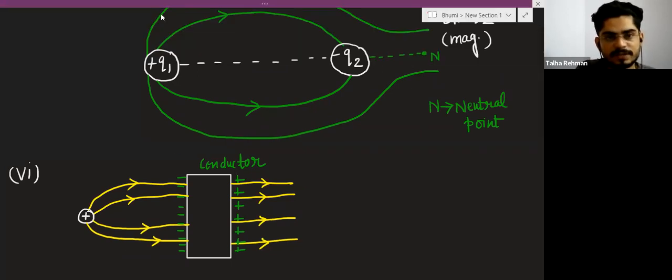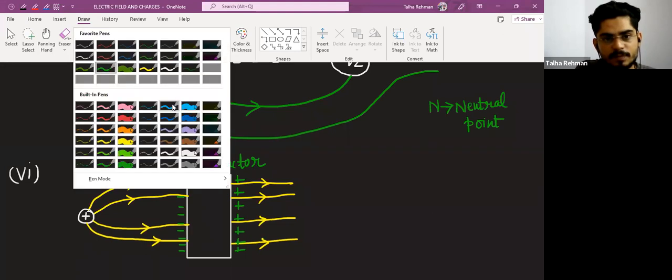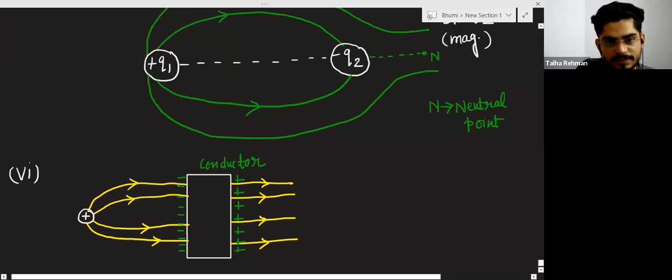I have already discussed this. These lines will be perpendicular like this. So here you can see the electric field lines originating from the positive charge and terminating at the negative charge, and here is a positive charge from which the electric field lines are originating.